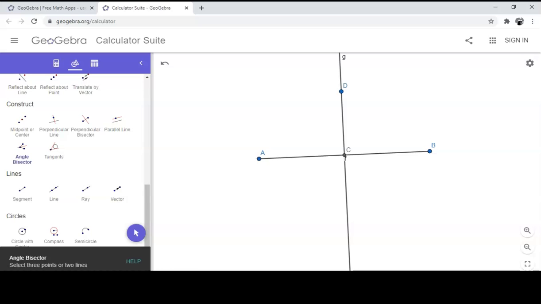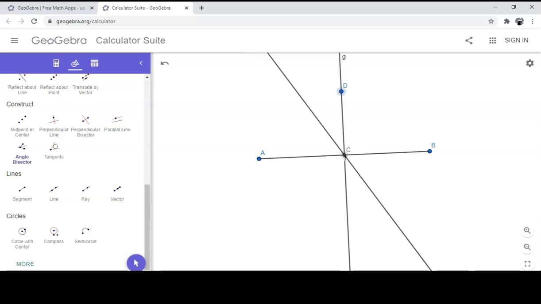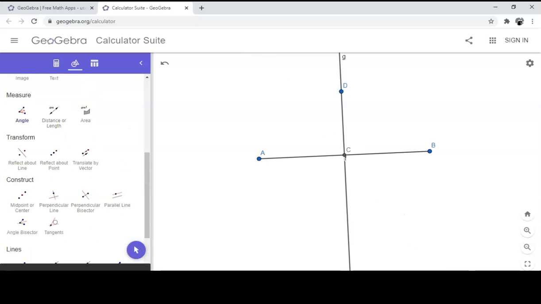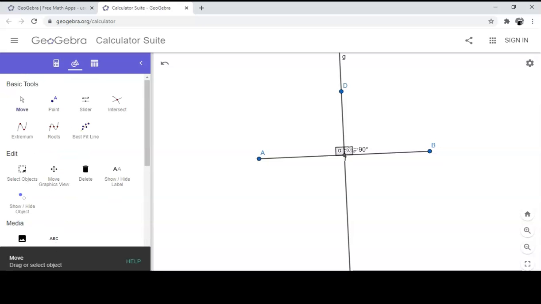So if I measure my angles, using the angle measurement tool, you should do this as well, DCA and BCD, we see that both of those angles are in fact 90 degrees.